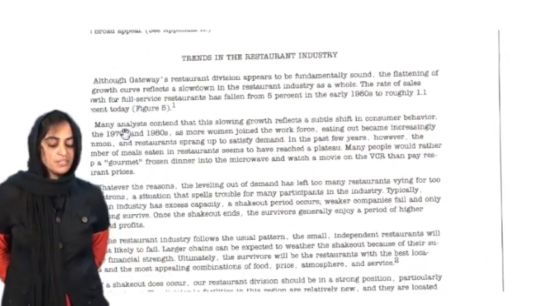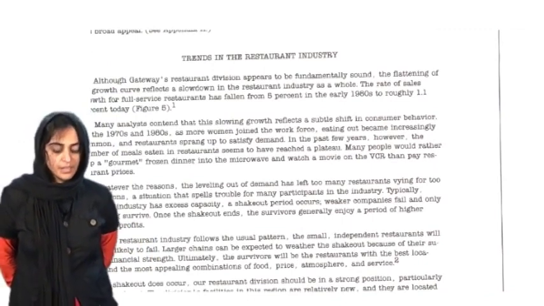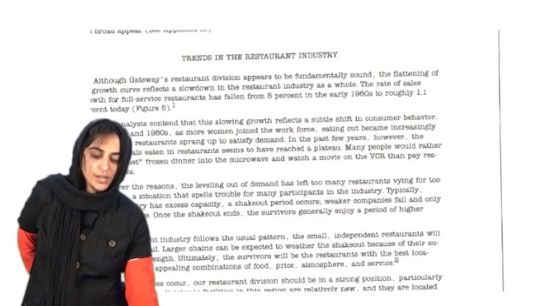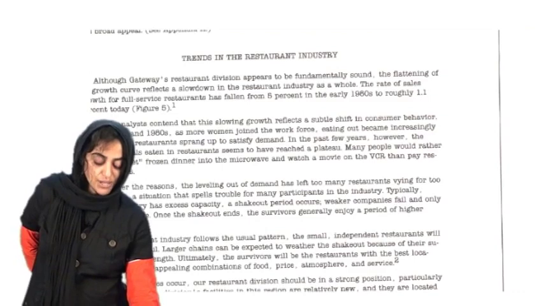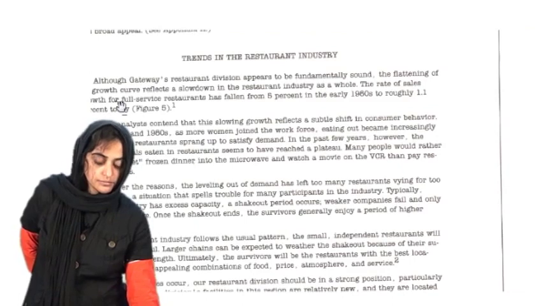Next heading, as you can see, trends in the restaurant industry. Let us see what Mr. Johansson has to say. Although Gateway's restaurant division appears to be fundamentally sound, the flattening of its growth curve reflects a slowdown in the restaurant industry as a whole.